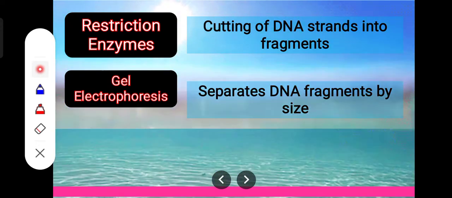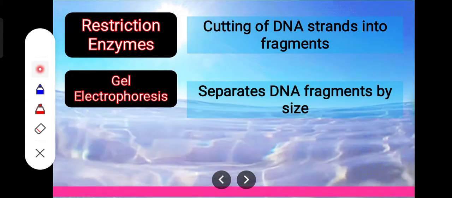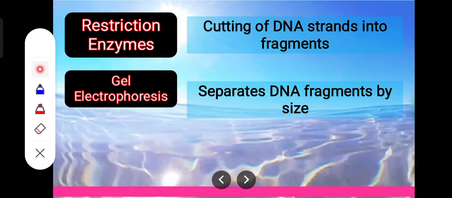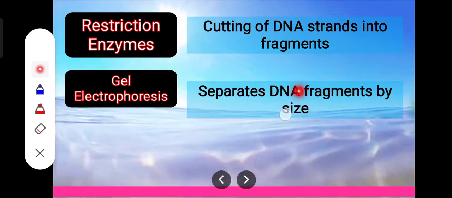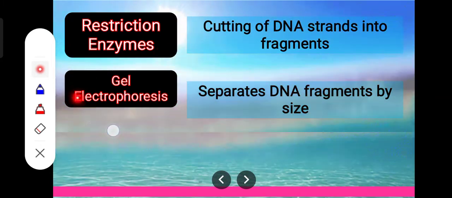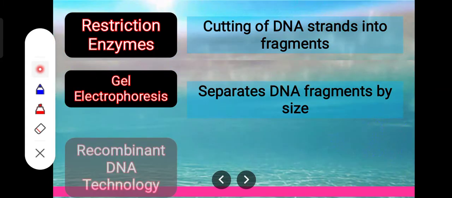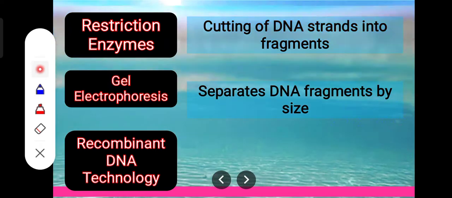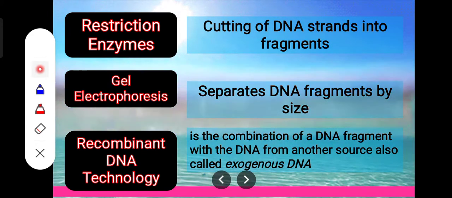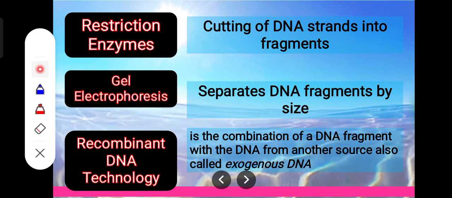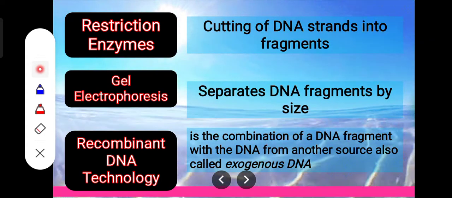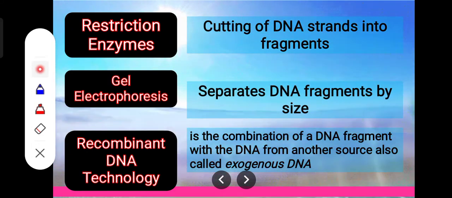Next is gel electrophoresis. It separates DNA fragments by size. It is used to study DNA fragments of various sizes. We also have recombinant DNA technology, the combination of DNA fragments with the DNA from another source, which is also called exogenous DNA.